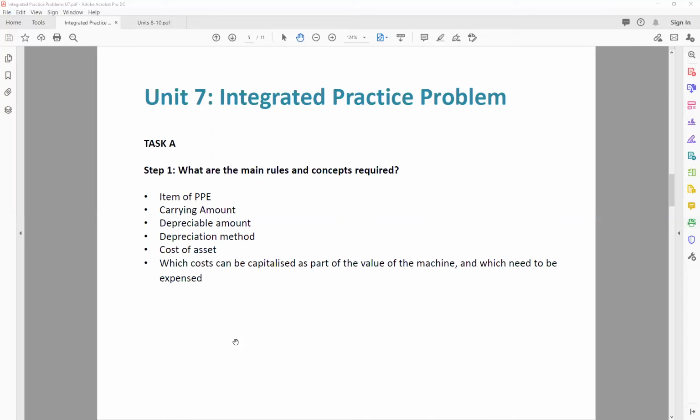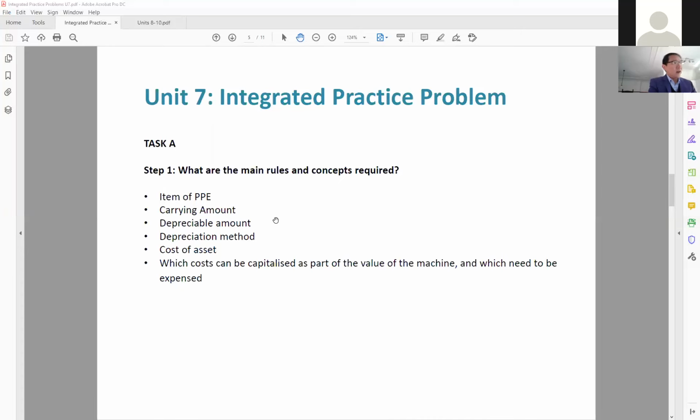Step one is always going to be about: what are the main rules and concepts that are required? Given that this is PP&E, I've listed here some of the areas that you need to think about. For example, what item of PPE are we dealing with? Clearly we're dealing with a machine.